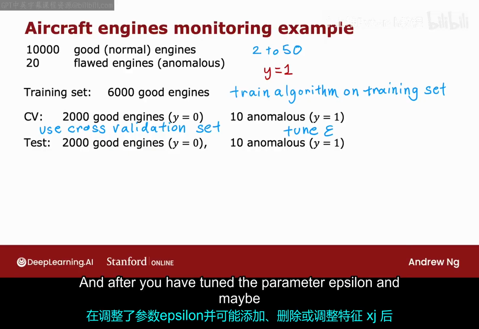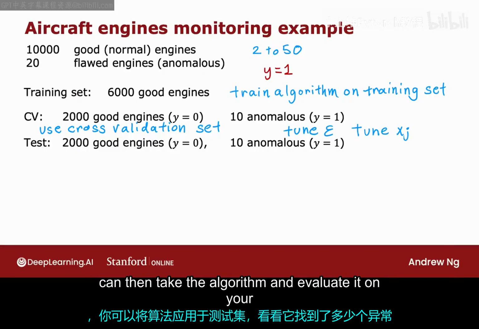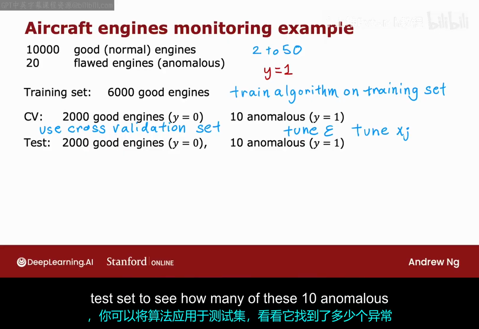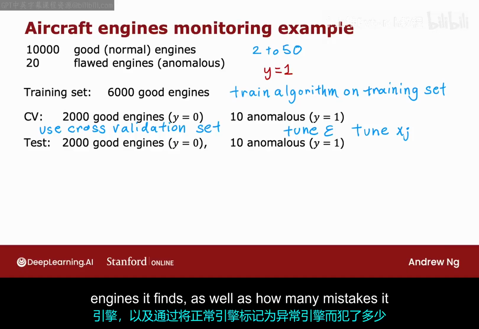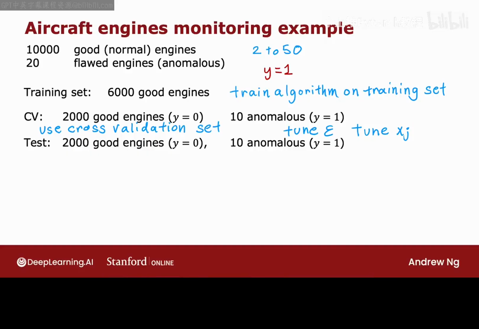And after you have tuned the parameter epsilon and maybe also added or subtracted or tuned the features xj, you can then take the algorithm and evaluate it on your test set to see how many of these 10 anomalous engines it finds, as well as how many mistakes it makes by flagging the good engines as anomalous ones.